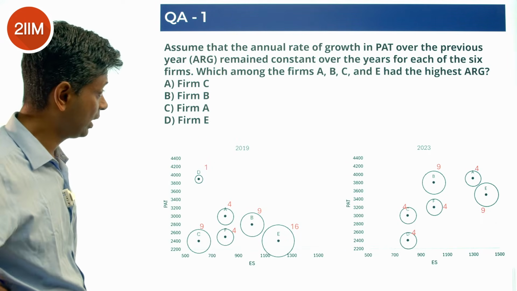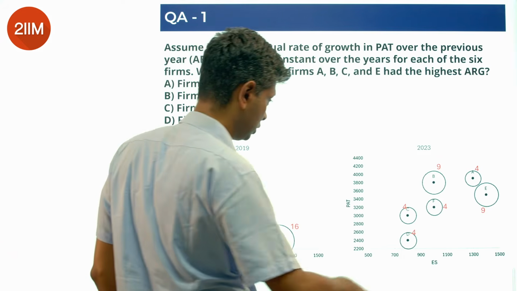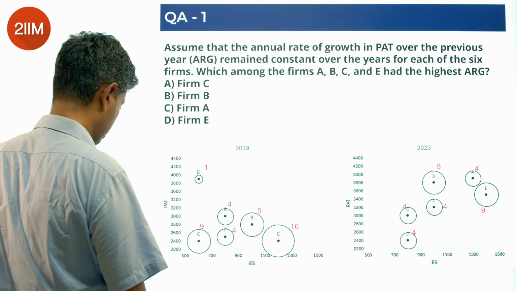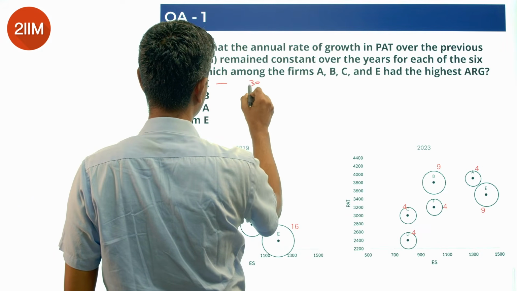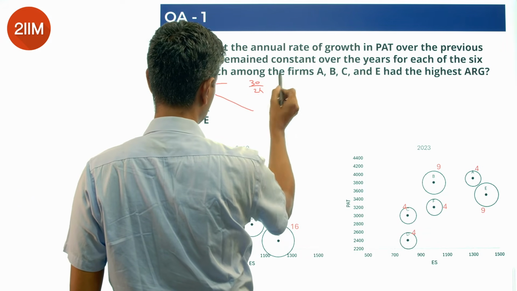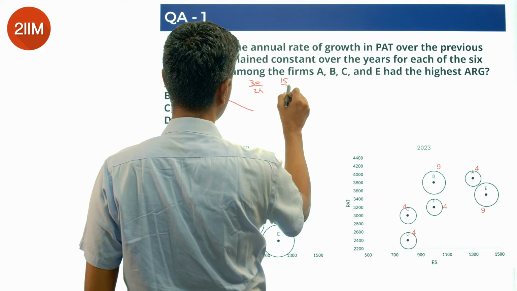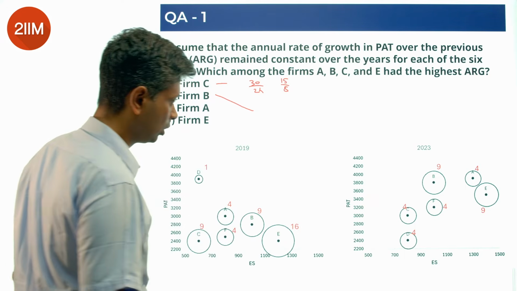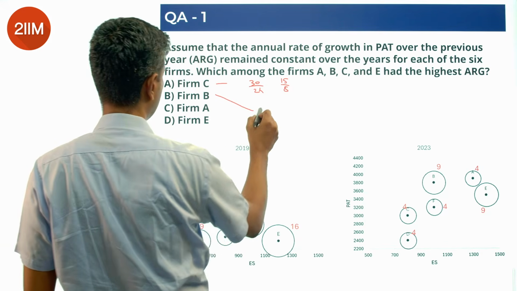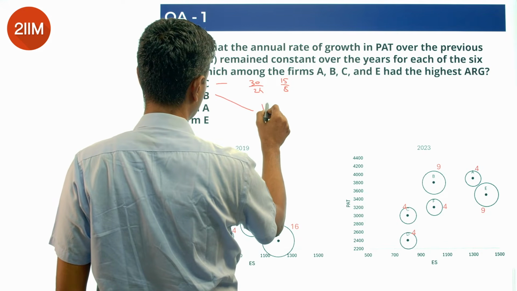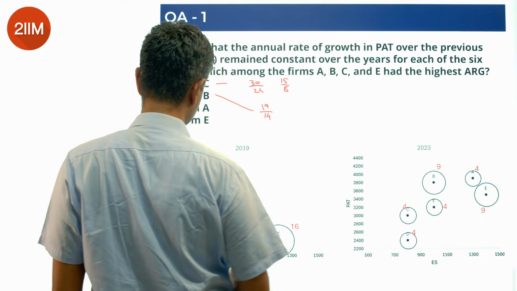Firm C had PAT of 3000, and 2400. 30 by 24 is 5 by 4, 15 by 12. B had PAT of 3800 by 2800. 38 by 28, 19 by 14.